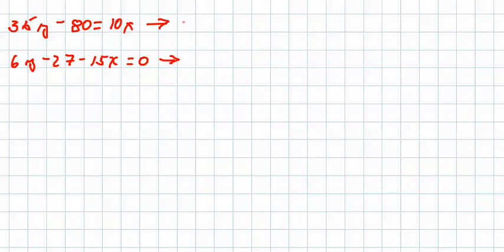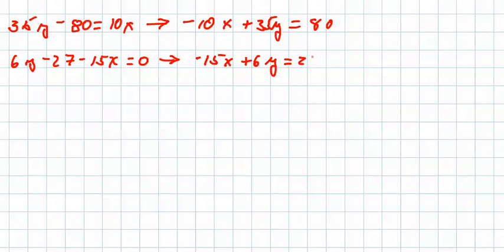Subtract 10x, standard form except that we have a leading coefficient that's negative, plus 35y equals, add 80 to both sides, 80. Over here, negative 15x, and plus 6y equals, I add 27 to both sides, equals 27.